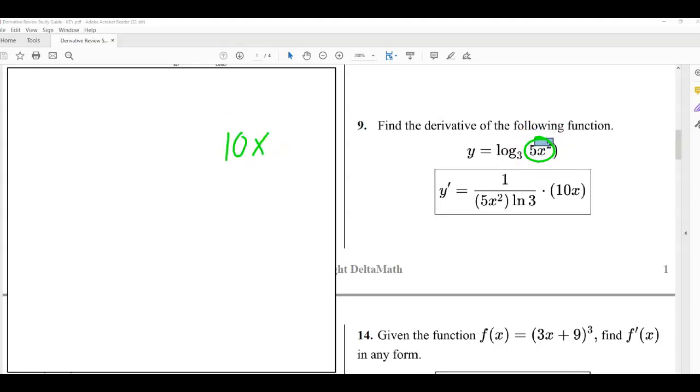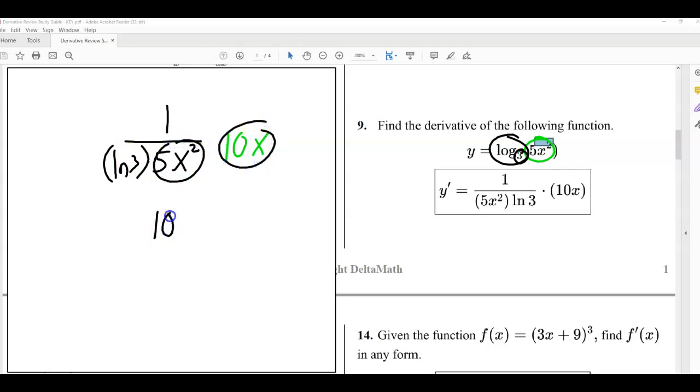And we're going to multiply that by the derivative of the outside, which is the log. So that's going to be 1 over whatever the inside is. But we're also going to multiply that by ln of whatever this little number is right here. Okay? And once again, you could reduce these two things together.